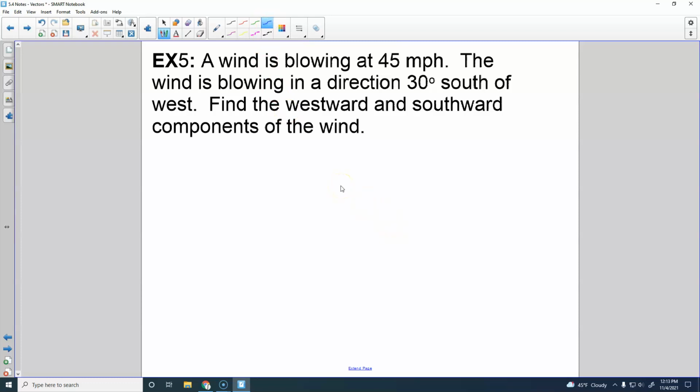Wind is blowing at 45 miles per hour. The wind is blowing in a direction 30 degrees south of west. Find the westward and southward components of the wind. So, in this case, we're going to think north, south, west, east.